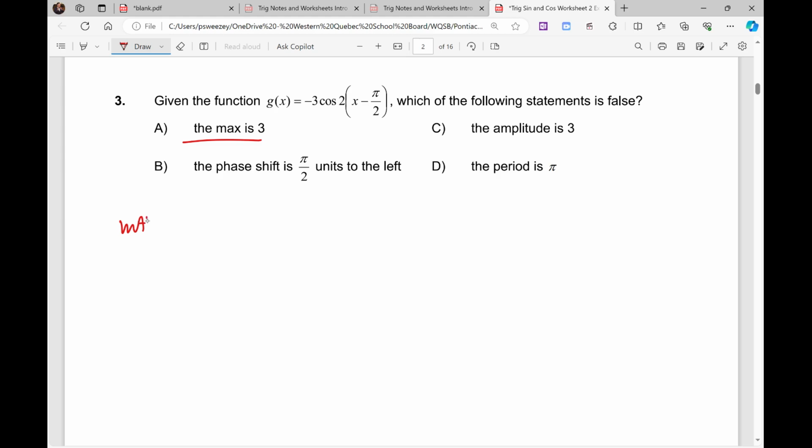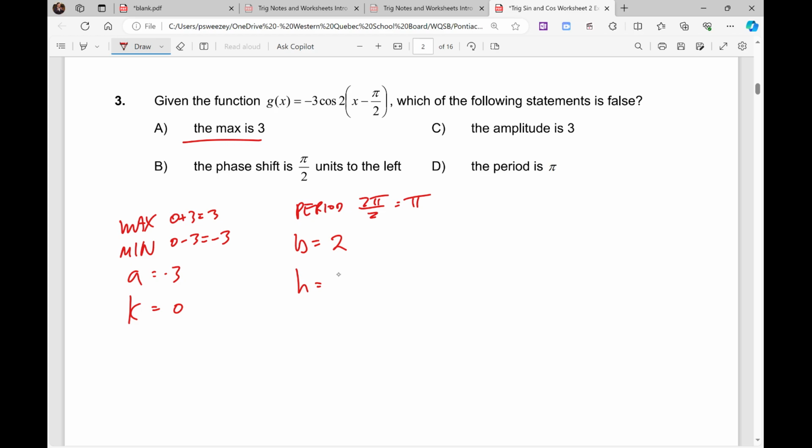I'm still always going to write this out just to make my life easier. A is negative 3. The max is going to be 0 plus 3, so 3. The min is 0 minus 3. The K is going to be 0. The period can be derived from 2 pi over 2, equal to pi. B value is equal to 2. H value is equal to positive pi over 2.